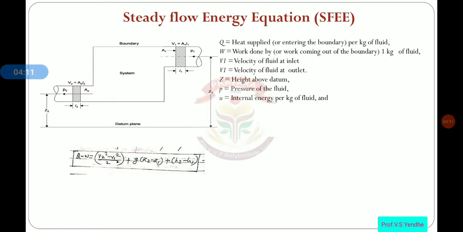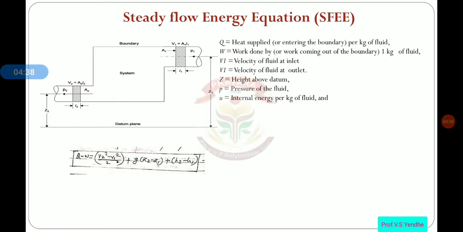In the examination, the derivation of this is not part of the syllabus, so we can directly take the steady flow energy equation: Q minus W equals, in the first bracket, V2 square minus V1 square divided by 2, plus g into Z2 minus Z1, plus H2 minus H1.